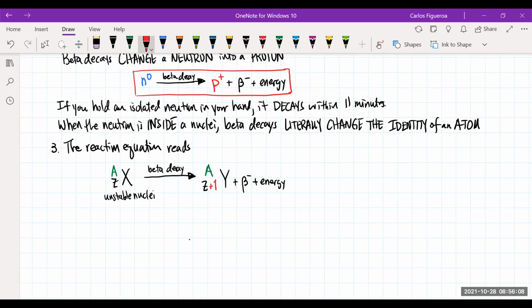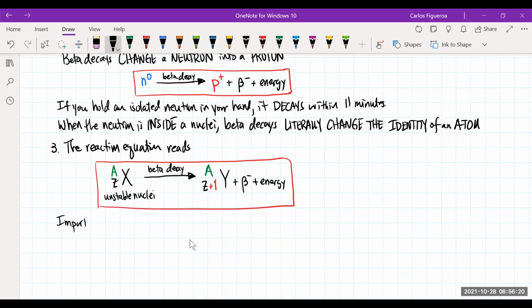So when I look at this reaction, what do I actually see here? These are the important pieces for beta.